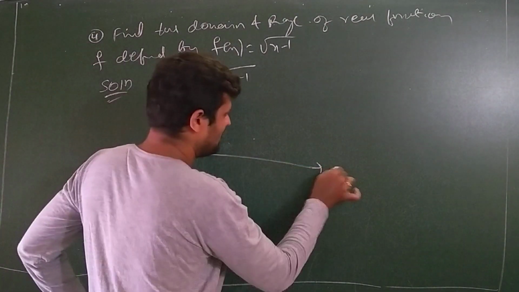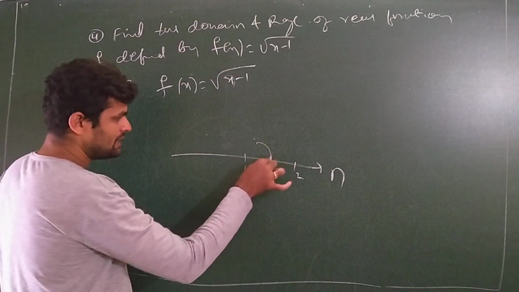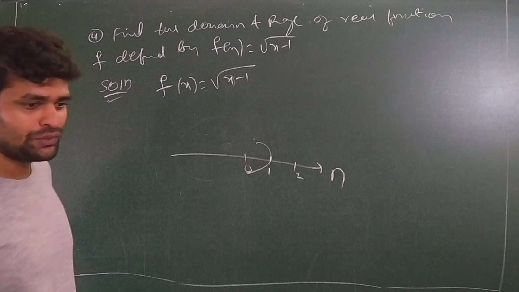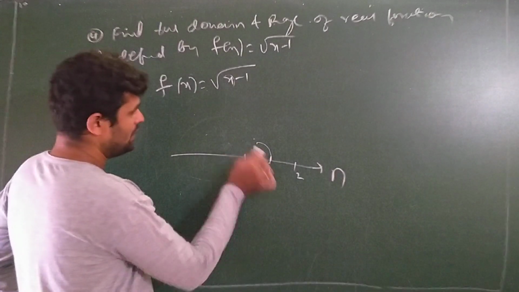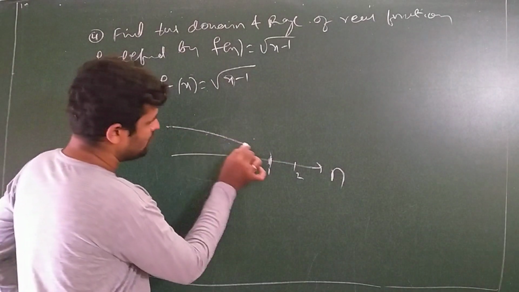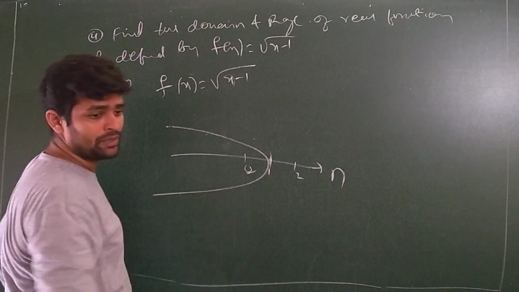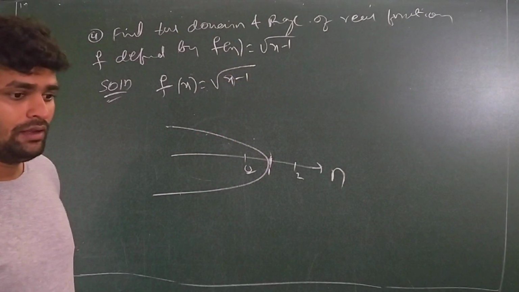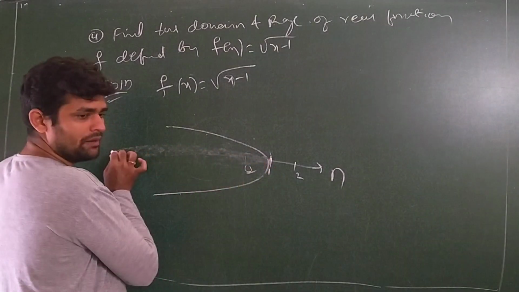There is a real line here, there is a 0 here, 1 here, 2 here. Lesser than this, I cannot take the values. Less than one value I cannot take. If I take less than 1, you will get a negative number, and the square root of a negative number is not real. This is not our domain.